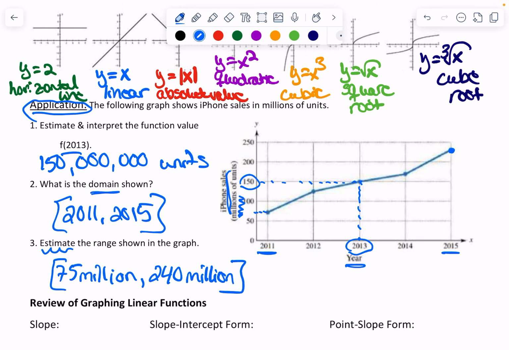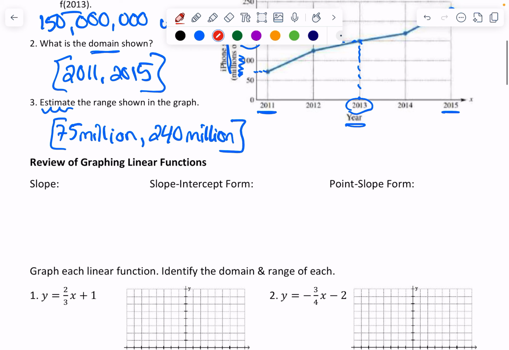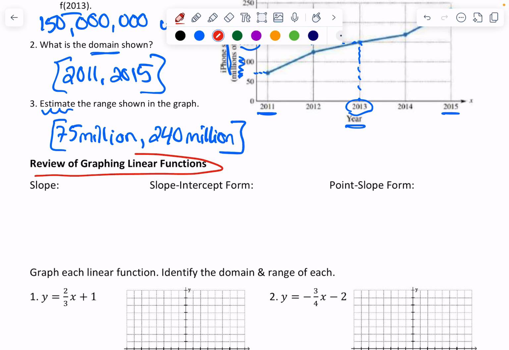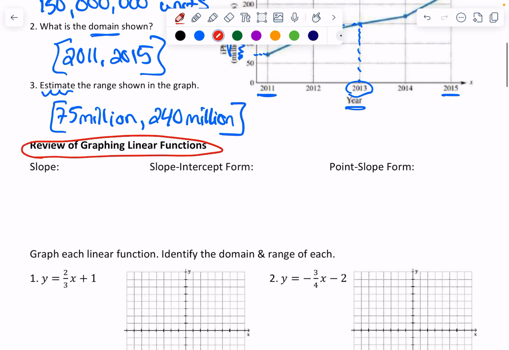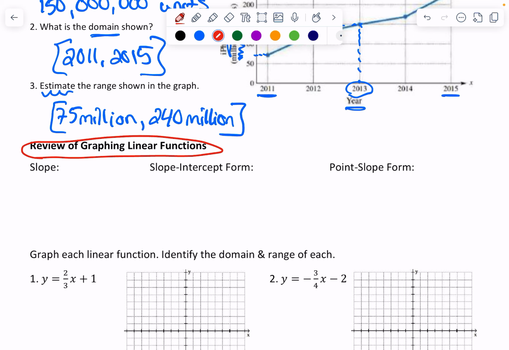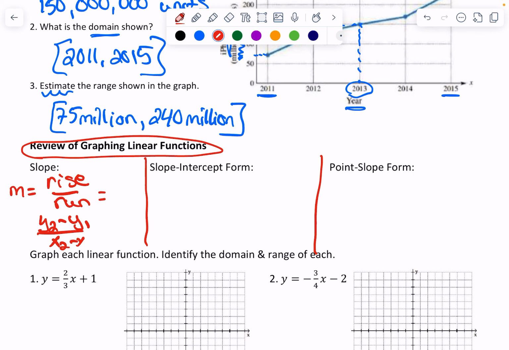Okay, next thing that we're going to do is we're going to review graphing linear functions. Our slope is usually marked with an M, and it is rise over run, which is y2 minus y1 over x2 minus x1.